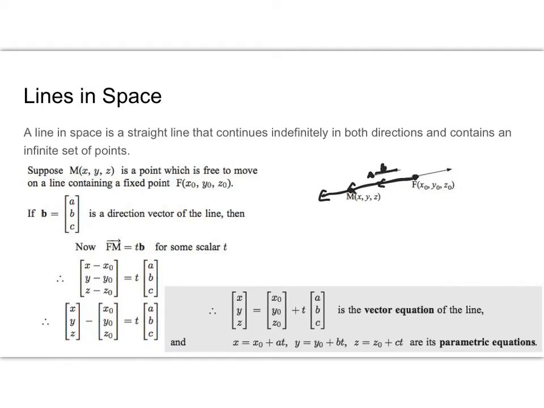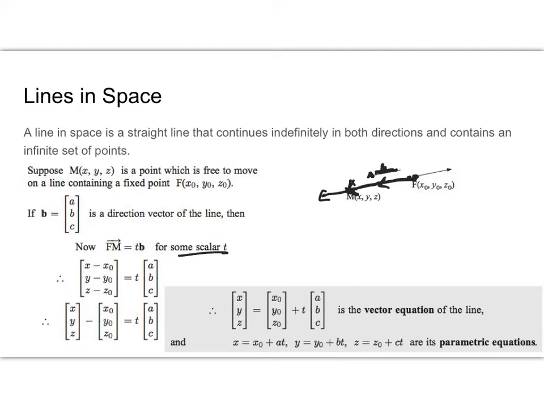If B is my direction vector, and it's got coordinates A, B, C, those are x, y, and z coordinates as well, and vector F to M equals some time t times my vector B. In my picture it's 2 vector B's, but it could be any value of t.